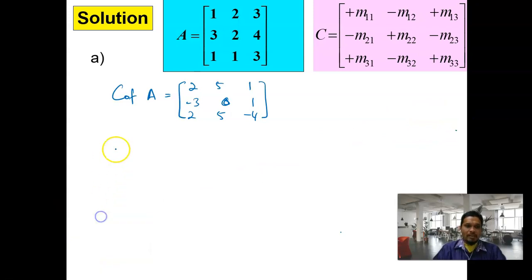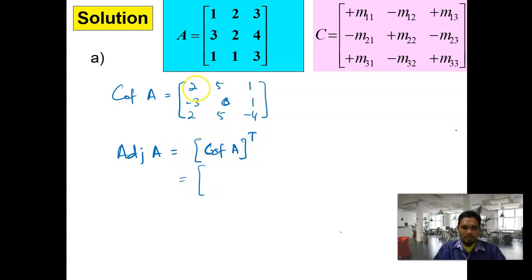So then the adjoint of A is a transpose of the cofactor of A. So then transpose of this, we call matrices 2, 5, 1, negative 3, 0, 1, 2, 5, negative 4.